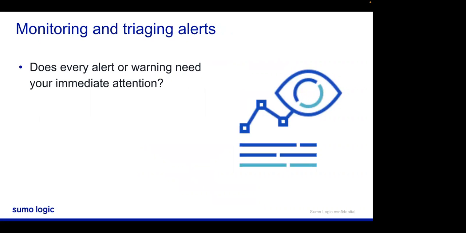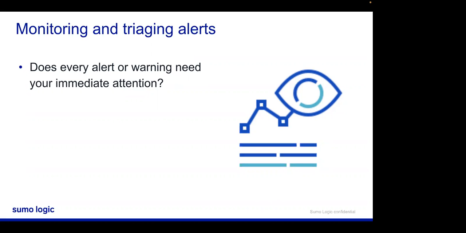Okay. So when we monitor and triage our alerts, right, does every alert or warning need your immediate attention? These are questions you have to ask yourself. Why? Because some things don't require your immediate attention. Some things certainly do, right? The whole reason behind Kubernetes is if there's an issue, Kubernetes will try to resolve it and take resources and fix and expand and do what it needs to do.